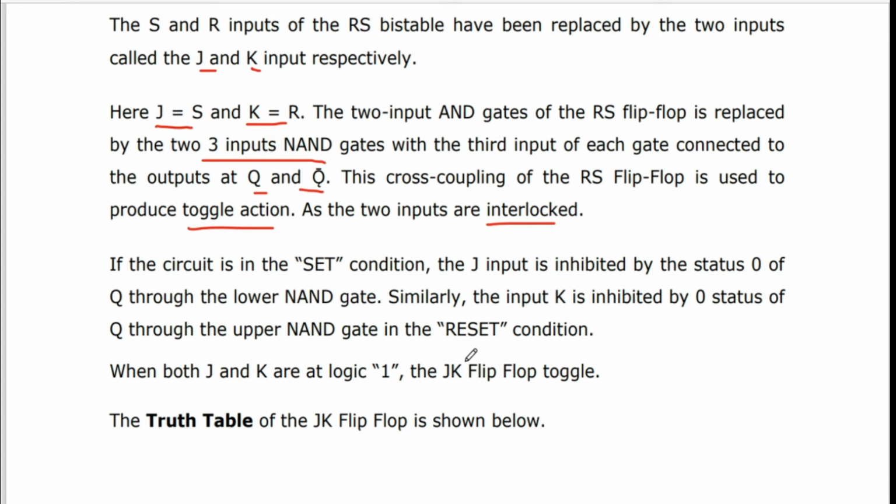So in this circuit, we have the set condition. If the circuit is in the set condition, the J input is inhibited with the 0 status of the Q through the lower NAND gate. Similarly, when the K input is inhibited by the 0 status of the Q through the upper NAND gate, then we call it a reset condition.